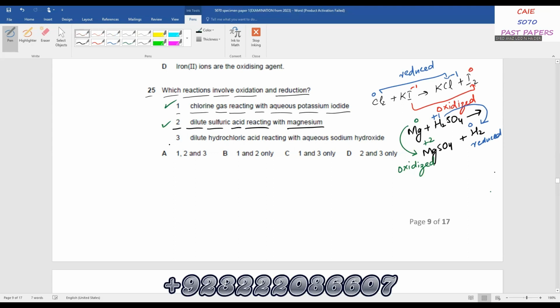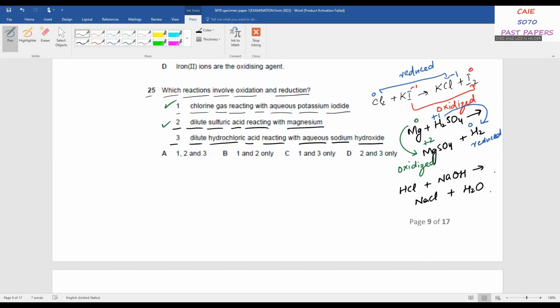Statement number 3, dilute hydrochloric acid reacting with aqueous sodium hydroxide. Here's the reaction between hydrochloric acid and sodium hydroxide. The products will be NaCl and H2O. If you look at this reaction, none of the elements has a change in oxidation number.